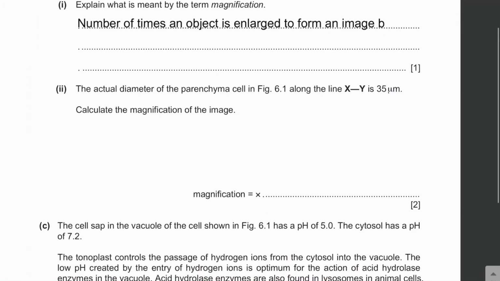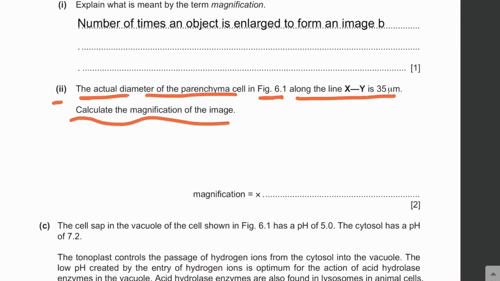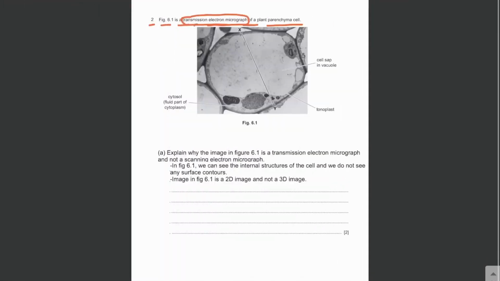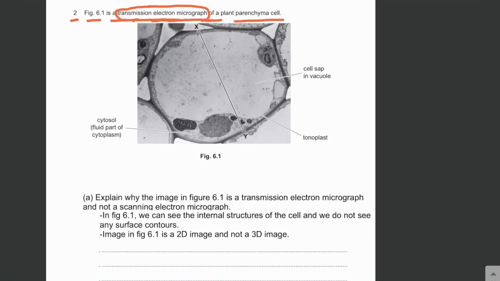Okay, right. Part C. The actual diameter of the parenchyma cell in figure 6.1 along the line X to Y is 35 micrometers. Calculate the magnification of the image. Okay, so the actual length is given, that is 35 micrometers, and what we have to do is find the image length now, because we have to find the magnification.